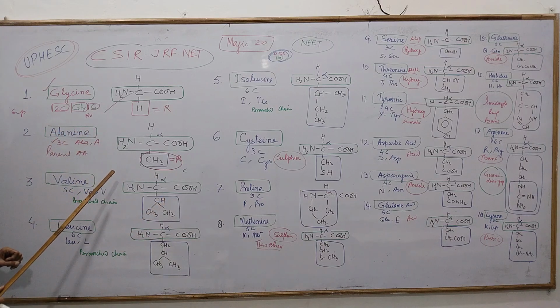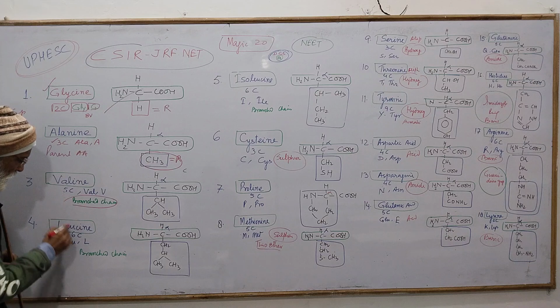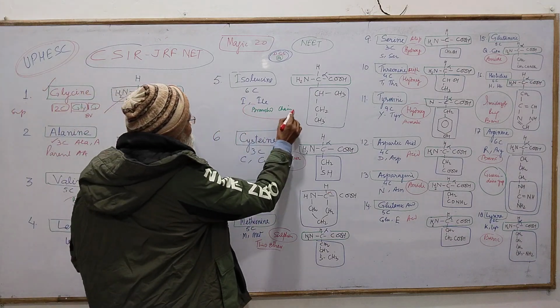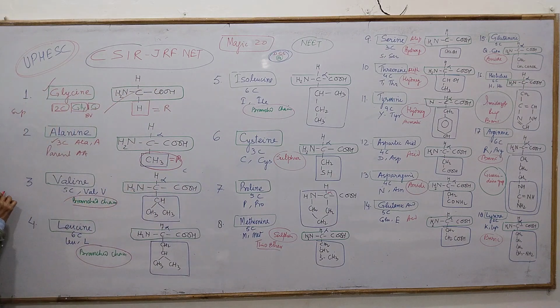Now, a very important question in your examination: what are the branched chain amino acids? Always remember, branched chain amino acids are 3 in number. How to remember them? Remember the initial letters VLI.